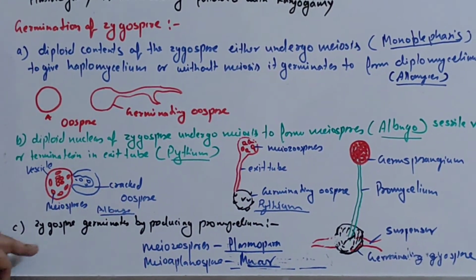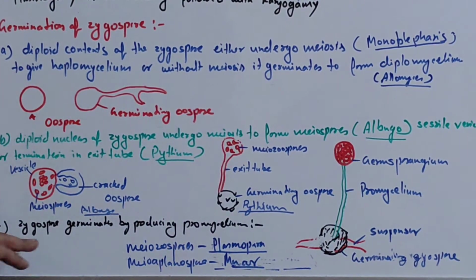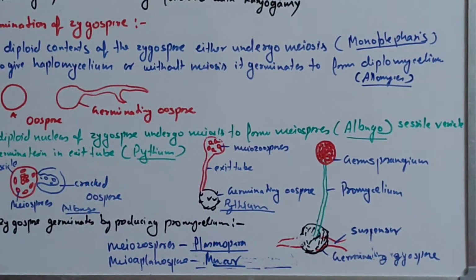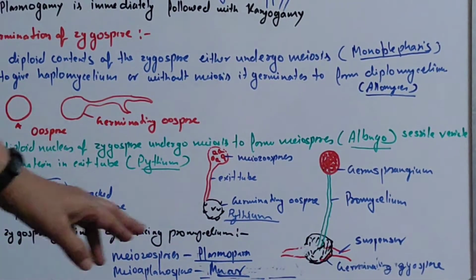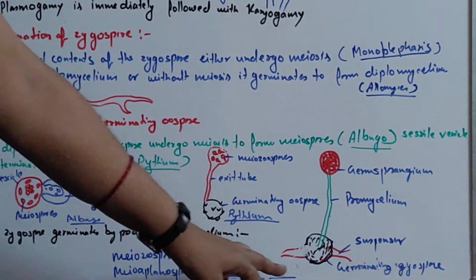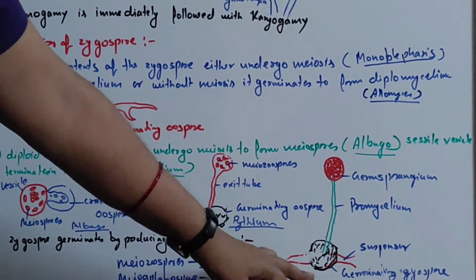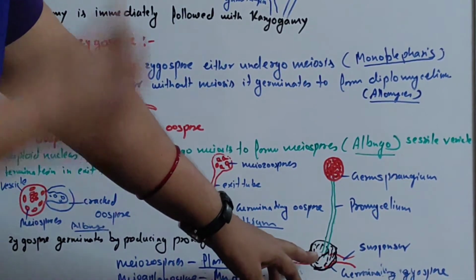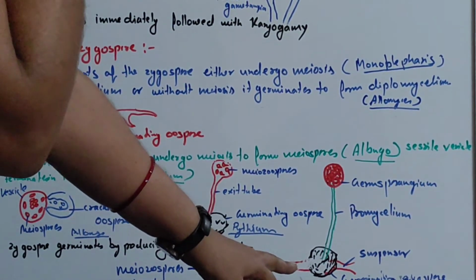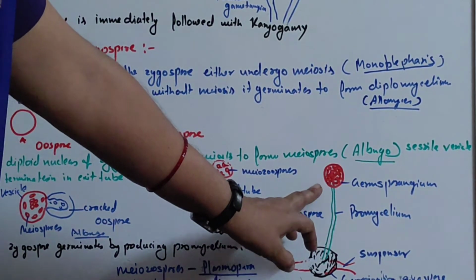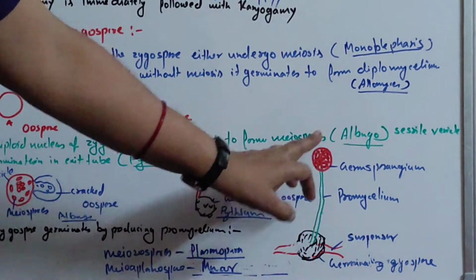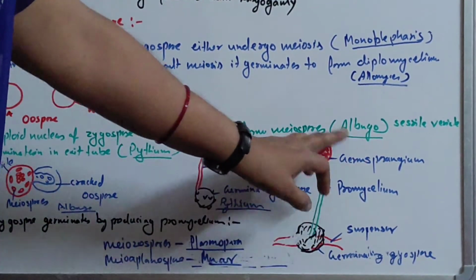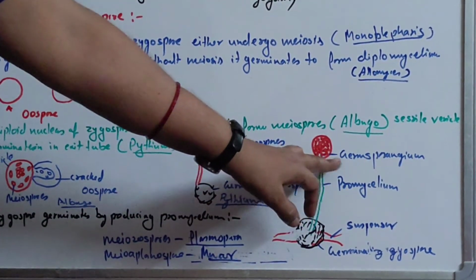Now the third type of zygospore germination is by producing a promycelium, as in the case of Plasmopara and Mucor. When the zygospore germinates, as in Mucor or Rhizopus, it forms a promycelium. At the tip of this promycelium, the sporangium is differentiated.